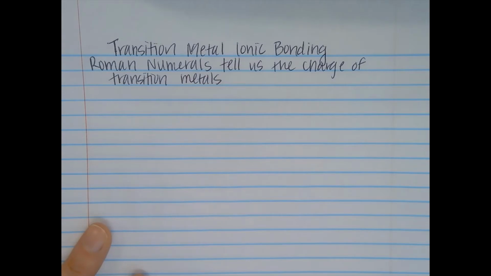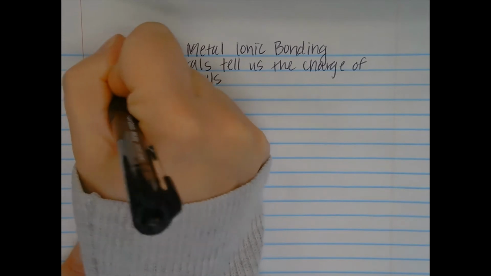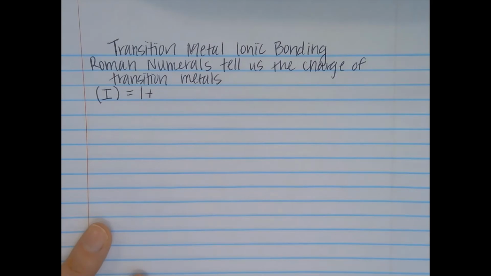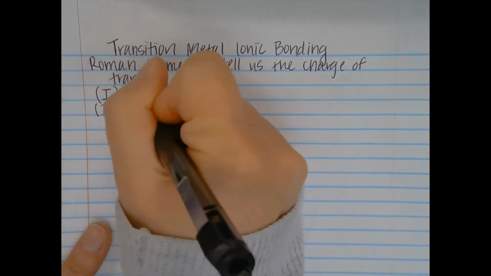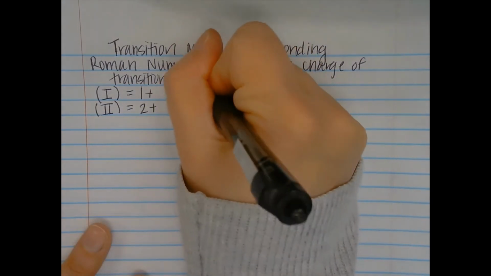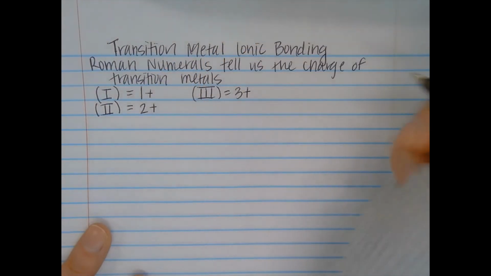Capital I is a 1+ charge. Roman numeral 2 is a 2+ charge. Roman numeral 3 is a 3+ charge.